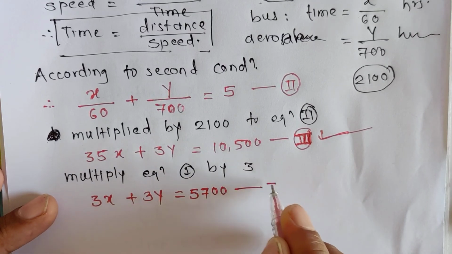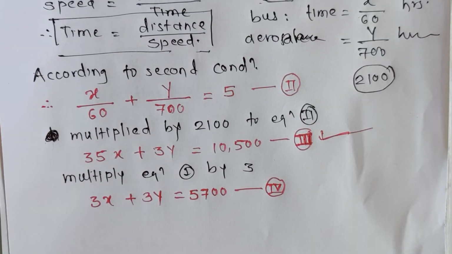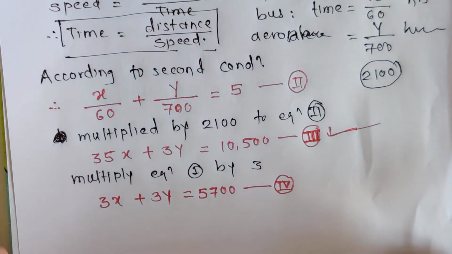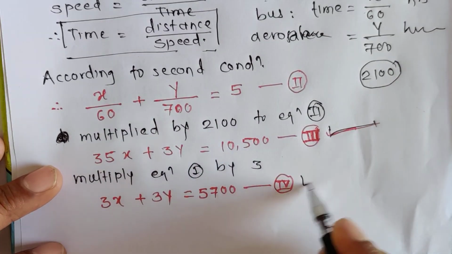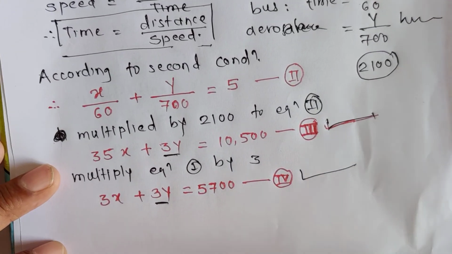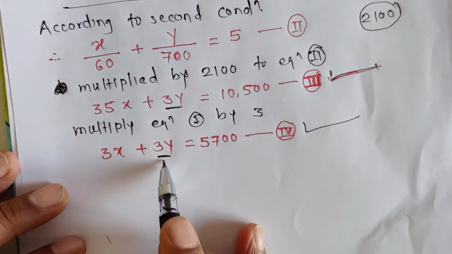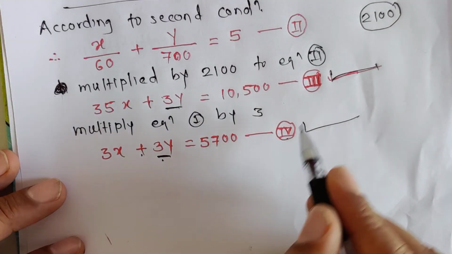This is equation number 4. Now we have to solve this one and this one. The coefficient of y becomes equal. Now the coefficients of y are the same and their signs are also the same.